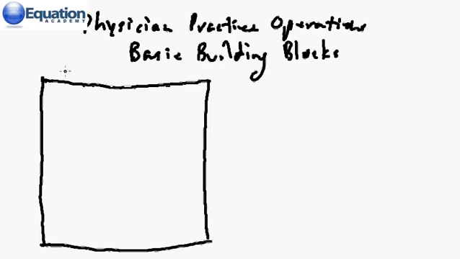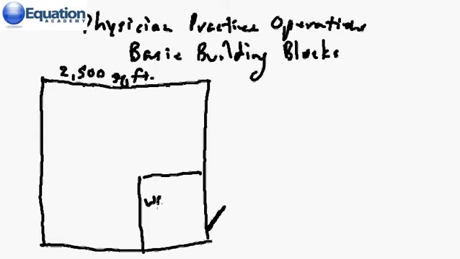And it might be something like 2,500 square feet of office space. And we've all been inside physician practices before. Let's say this is the door. The office space might be divided into a waiting area. Behind that might be the receptionist desk.